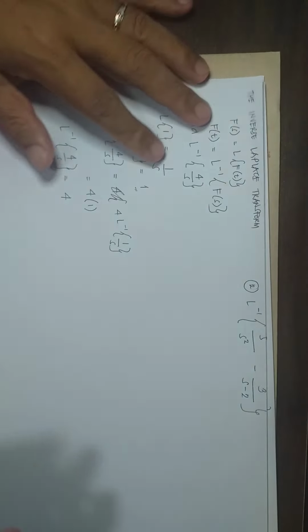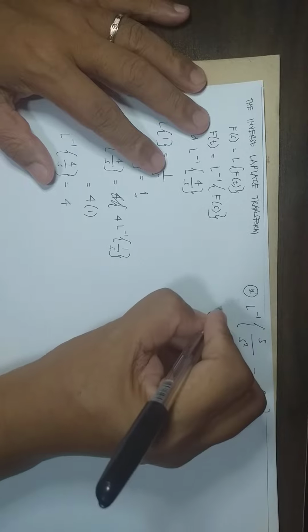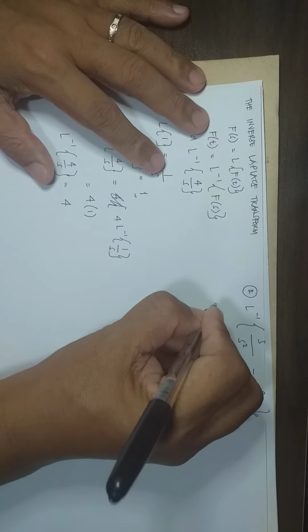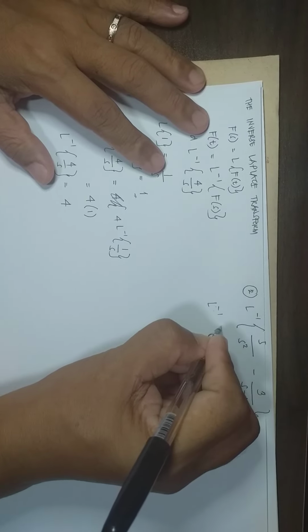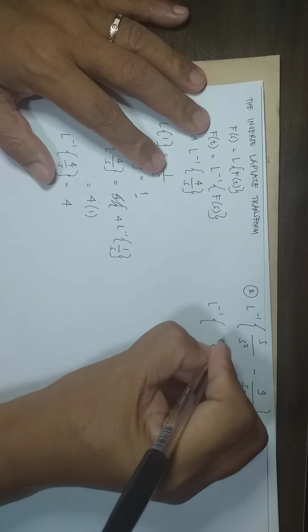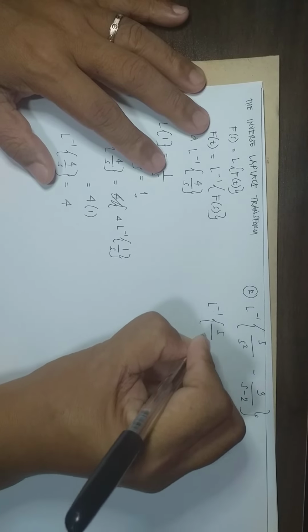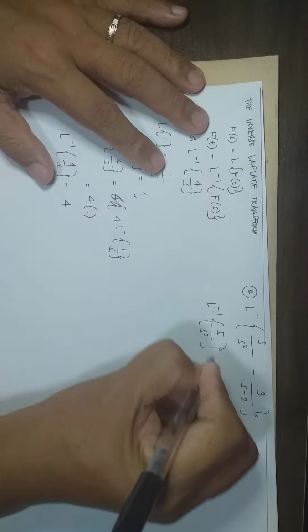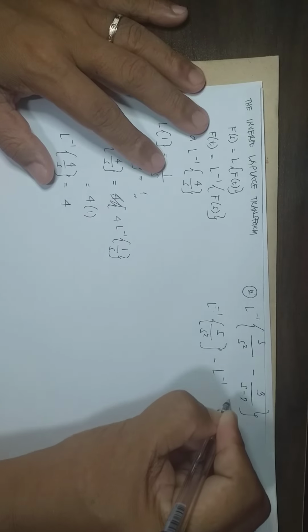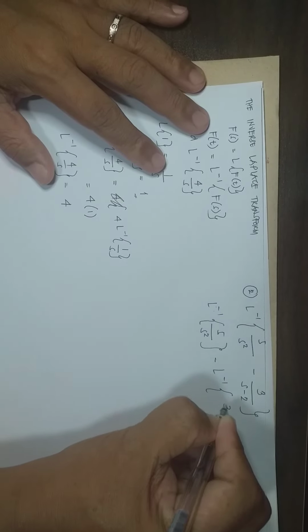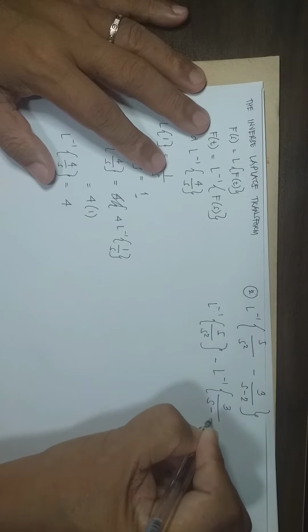Okay? So we have the inverse Laplace of, pwede nating paghiwalayin yan, 5 over s squared minus the inverse Laplace of 3 over s minus 2.